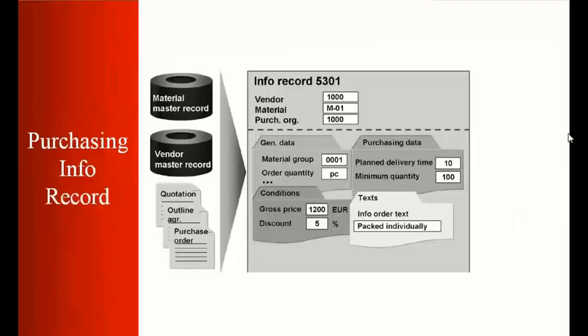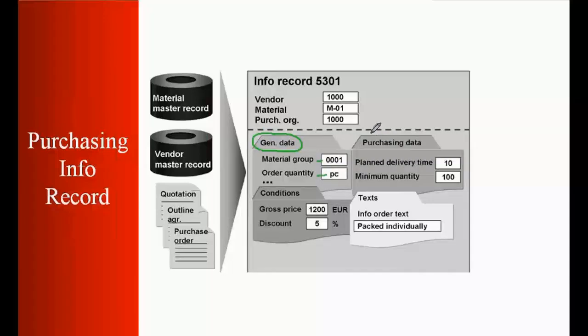When we create a PIR record, the data resides in four different areas. The first area is your general data. In general data, you can maintain things like the material group, the standard order quantity, and the unit of measure.